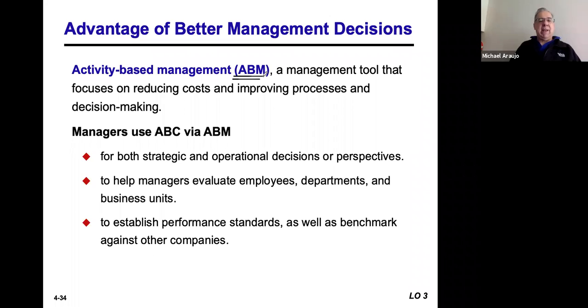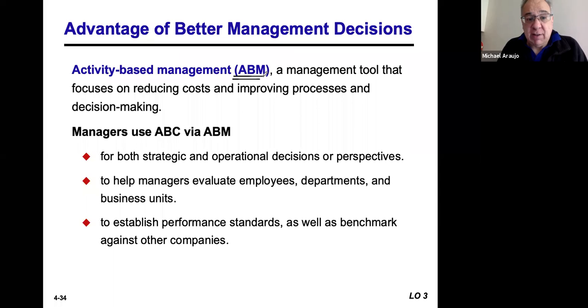Here's one that is just a definition. Companies that use activity-based costing, ABC, will also use activity-based management. It's a tool that helps managers improve processes, reduce costs, and hopefully make better decisions regarding how things can be done more effectively, more efficiently, increase quality, lower cost.